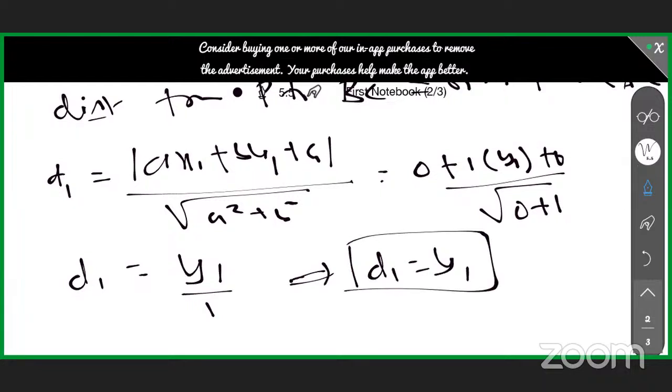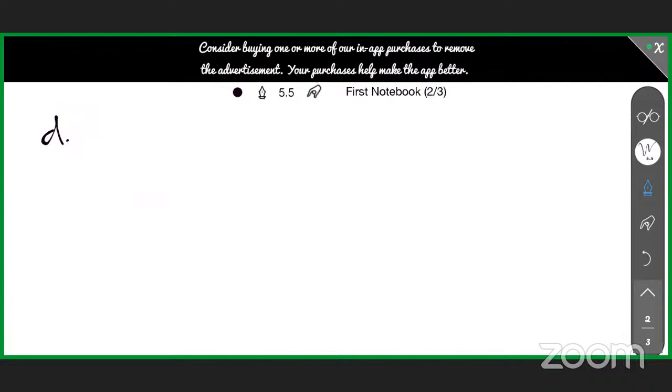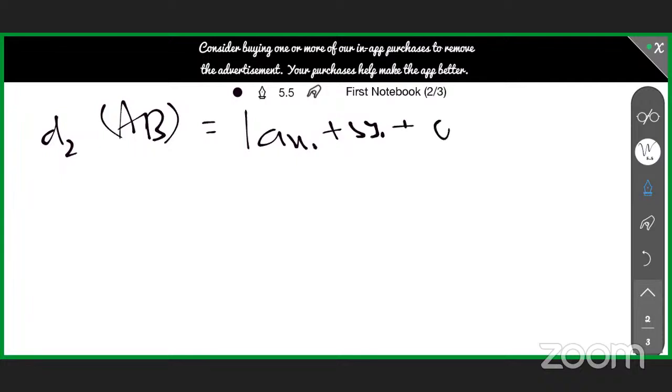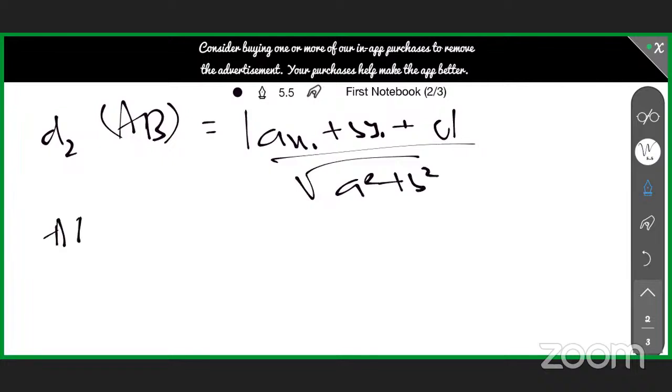So here you have to find D2 and D3. D2, the distance to AB, is equal to mod of (a x1 plus b y1 plus c) by root of a square plus b square. You know the equation of AB is 4x minus 3y plus 4 equal to 0, and the point is (x1, y1).